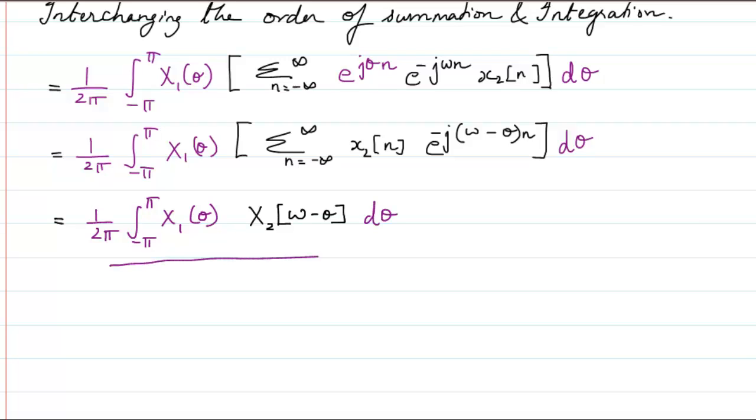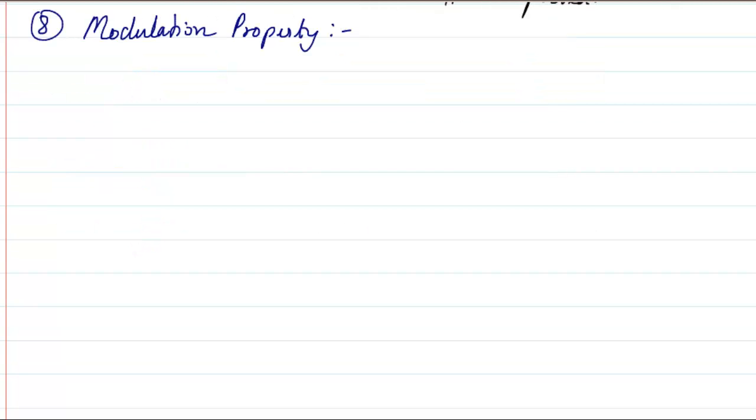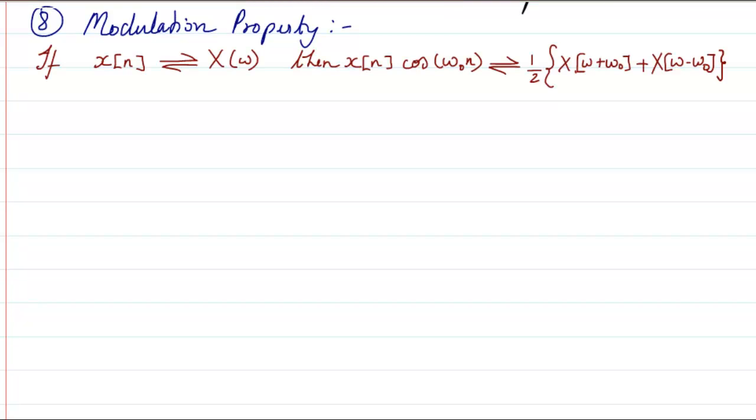This is basically the equation of the convolution between x1 and x2, isn't it? So therefore I will write this is equal to the convolution between x1 of omega with x2 of omega. This is the equation of convolution. Okay, hence proved.